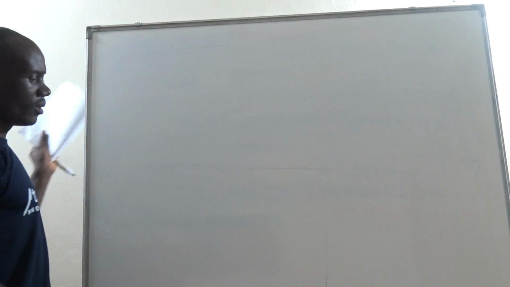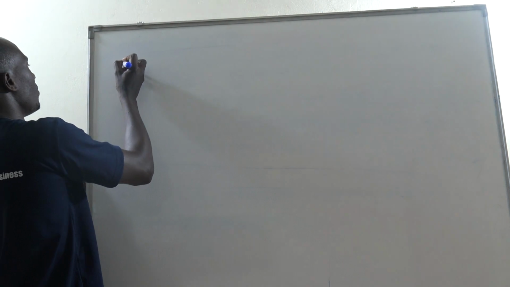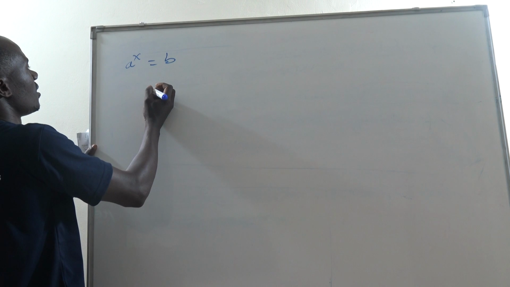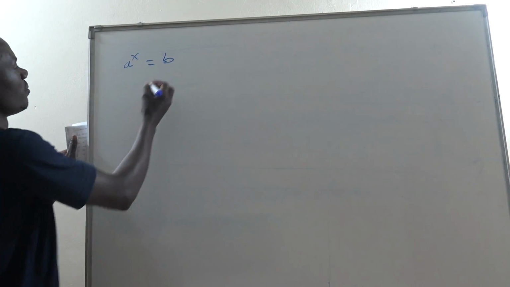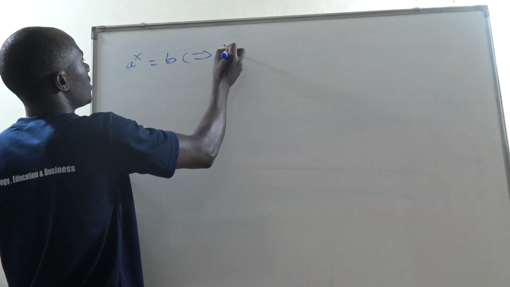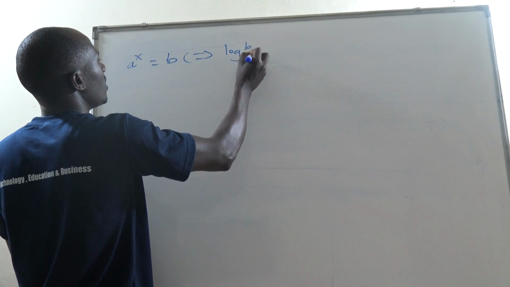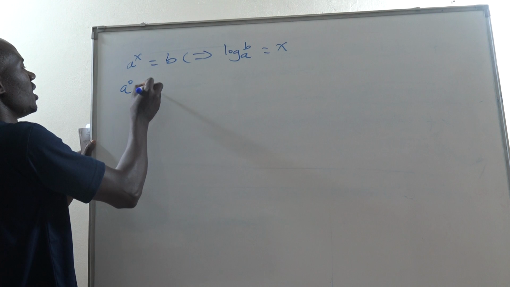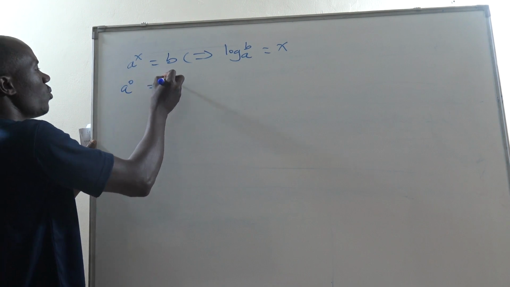So following the same rules, we have said that a power x equals b. This implies that log of b base a equals x. If we have a power 0, any number to power 0 is the same as 1.